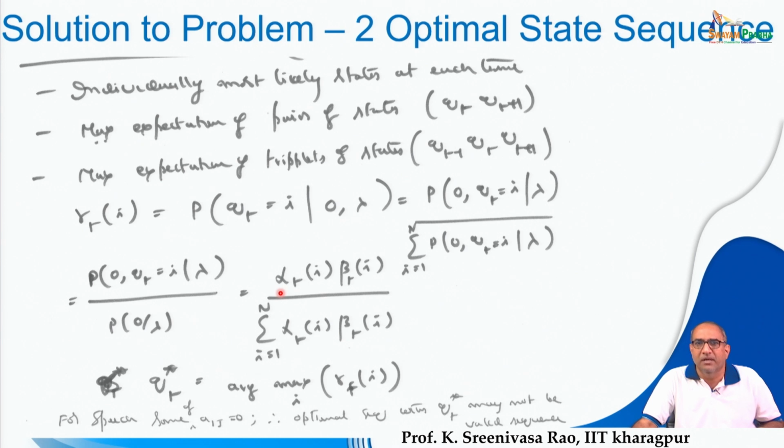Alpha t of I is nothing but the probability of the partial observation sequence from 1, 2, 3 up to t, with the system in state I at time t, and prior to that we do not have any constraint at all, right. Similarly, beta t of I starts from the ith state at time t and continues with the probability of the observation sequence O t plus 1, O t plus 2 up to capital O T. So, the probability of the observation sequence with the system in state I at time t can be written as the forward variable multiplied by the backward variable.